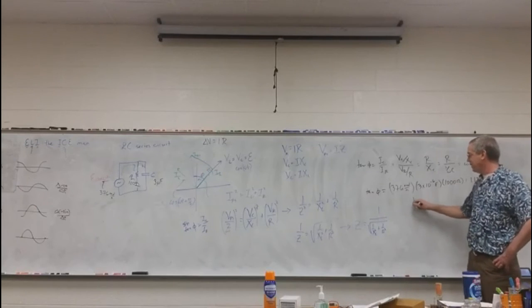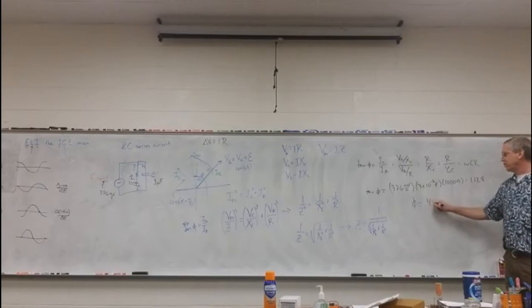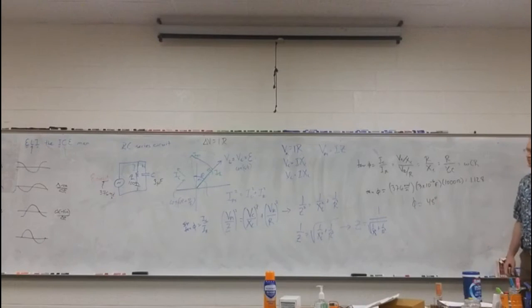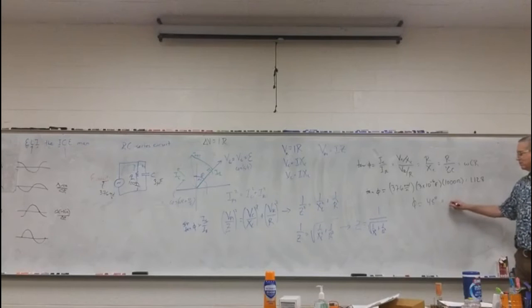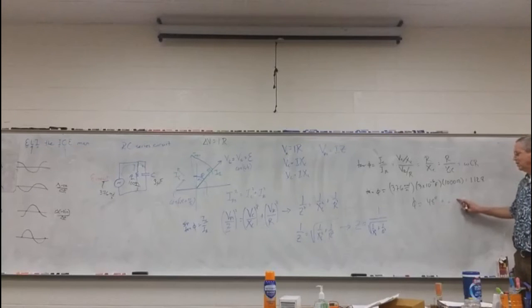All right, so phi would be 48 degrees, and how many radians is it? 1 radian is 50-something degrees, so it has to be less than 1. 0.85.